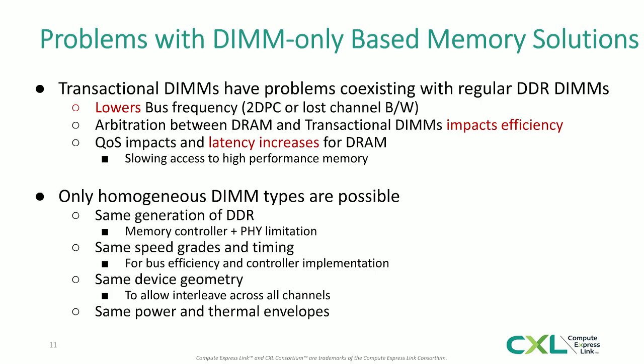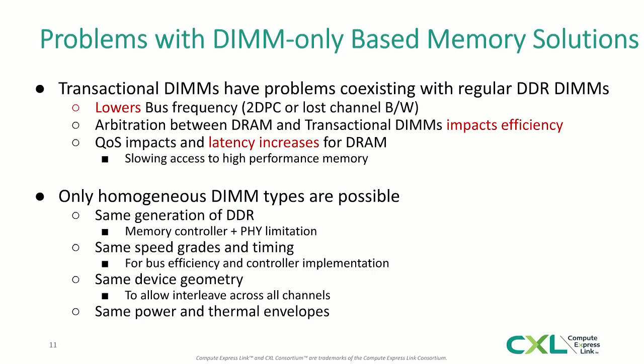Also, in the current DRAM technology types, even if it was not transactional, we would have a problem because the memory controllers work best when you have the same generation of DDR. This is a fundamental limitation, because you cannot put a DDR4 and a DDR5 device on the same channel.